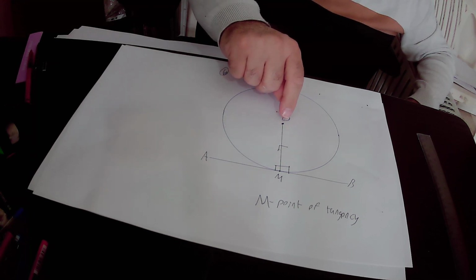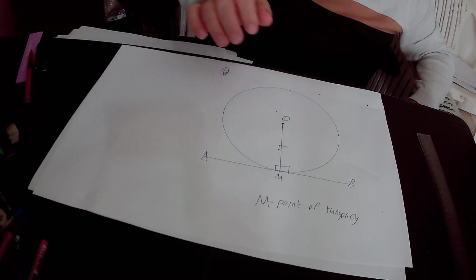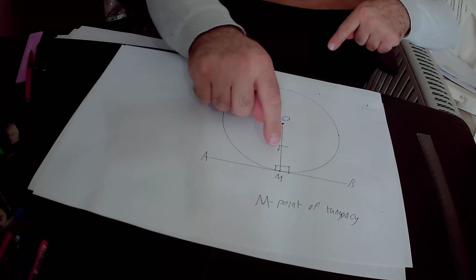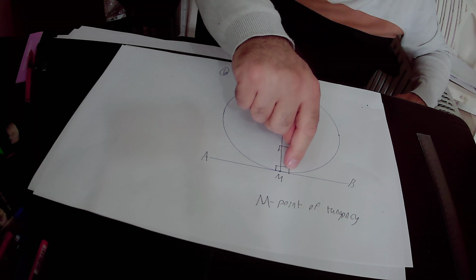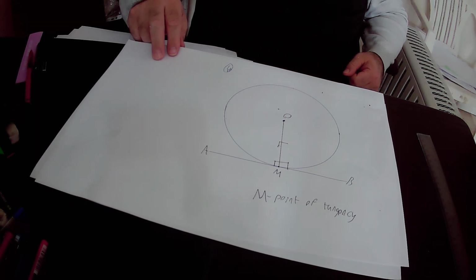That is to say, this radius is drawn to point M. Therefore, according to rule number 2, the tangent AB will be perpendicular to this radius. That is to say, this angle equals 90 degrees and this angle also equals 90 degrees. Okay, that is the explanation of rule number 2.